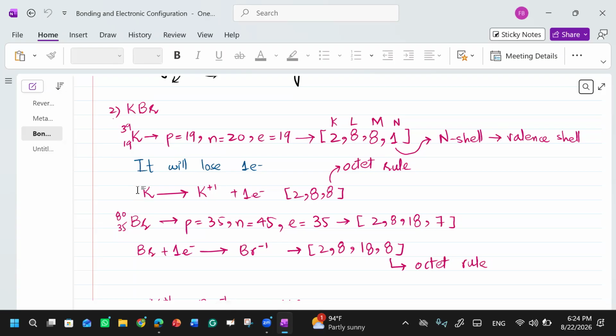In ionic, one species loses and the other species gains, but non-metals are in group 4 or more. That's why they need a stable shell, a full outer shell. They need sharing.